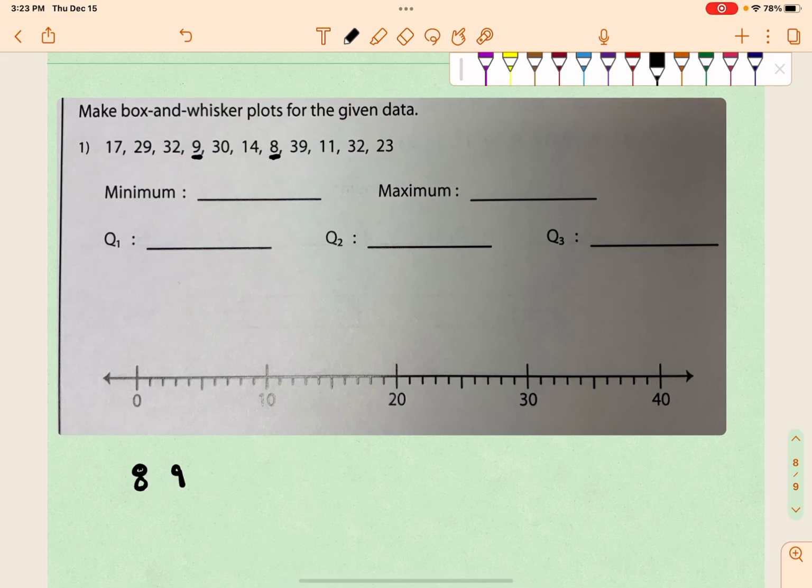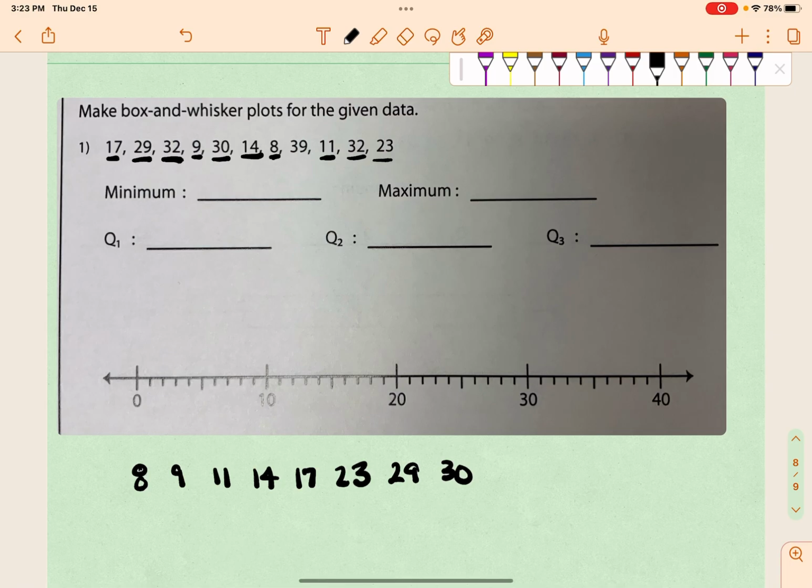Then 9. The next one would be 11, then 14, 17, 23, 29, 30.